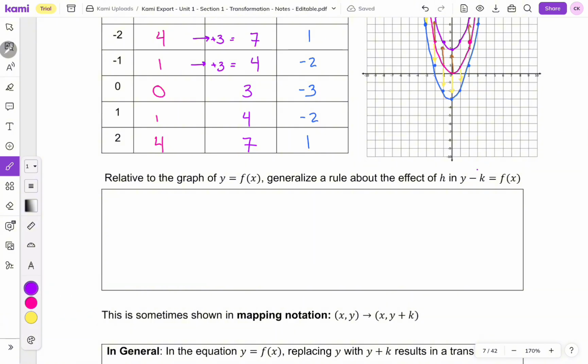So sometimes they write it like this with the y, or the k value, the value that we're adjusting by over by the y. I like to always rewrite it in this form, because this is when it 100% tells the truth. So when I have a k value greater than 0, we have a vertical translation.